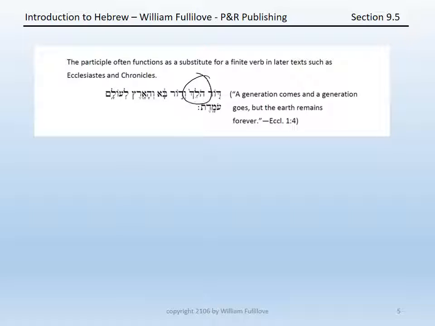Consider holek. You should be able from your memory paradigms to parse this as a qal active participle, masculine singular, of halak. It agrees with a generation, dor, but if you look at the function in Ecclesiastes, it's really functioning as a finite verb. A generation comes.